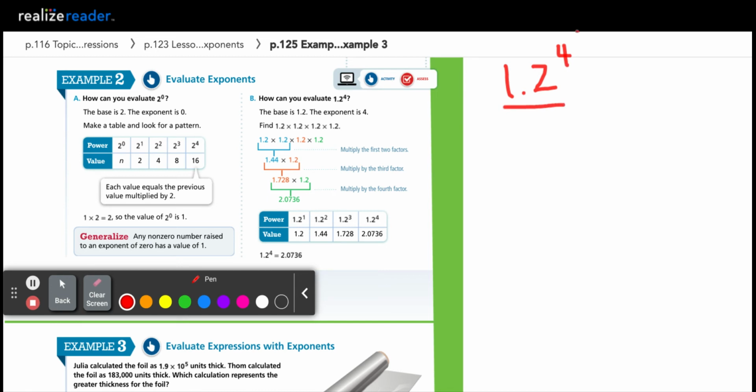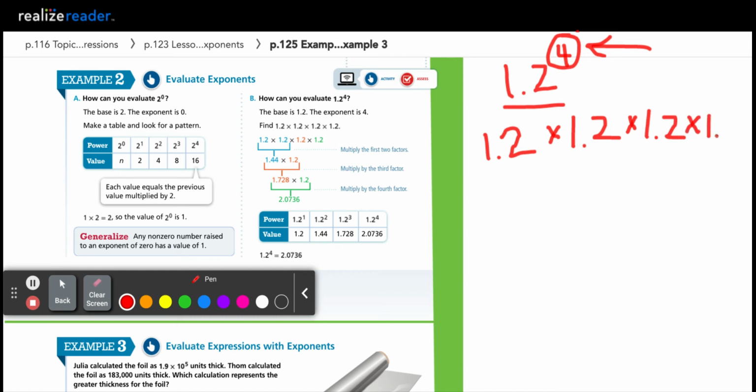We have a base and we have an exponent. The base is the number that we're going to be multiplying times itself, 1 and 2/10. How many times are we going to multiply it times itself? The exponent's the boss. The exponent tells us how many times to multiply it times itself, so 4 times.